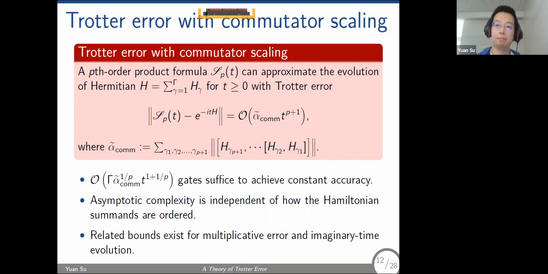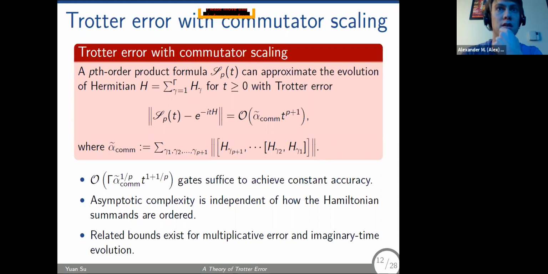Yep. So if the H's are coming from a local Hamiltonian, each of the H's has bounded norm, then each of these terms will be constant, and this will give you something proportional to gamma squared or something in the number of gates.